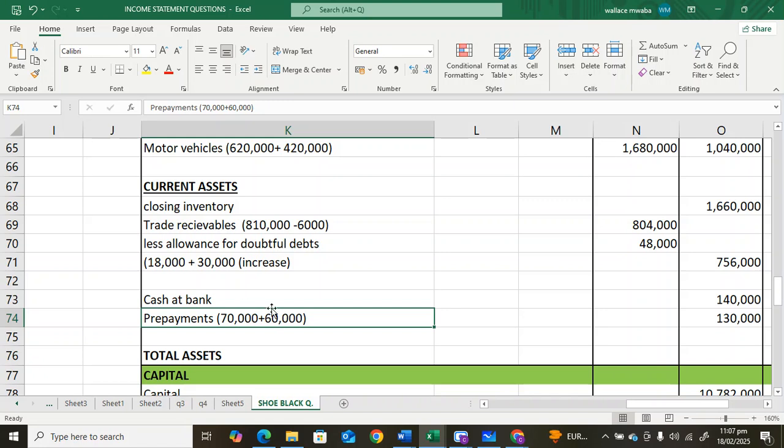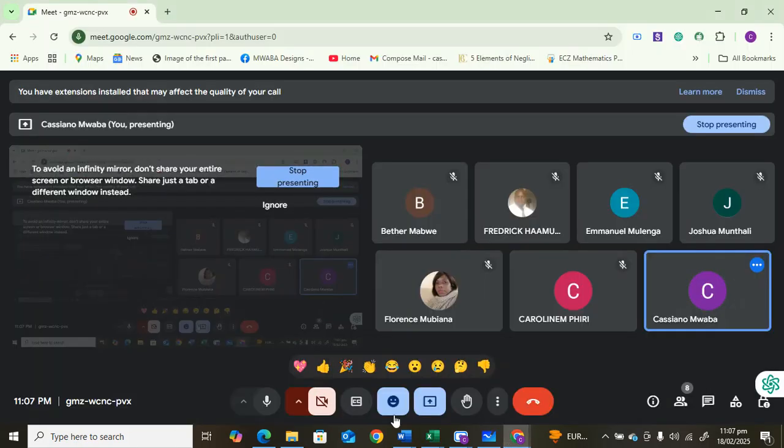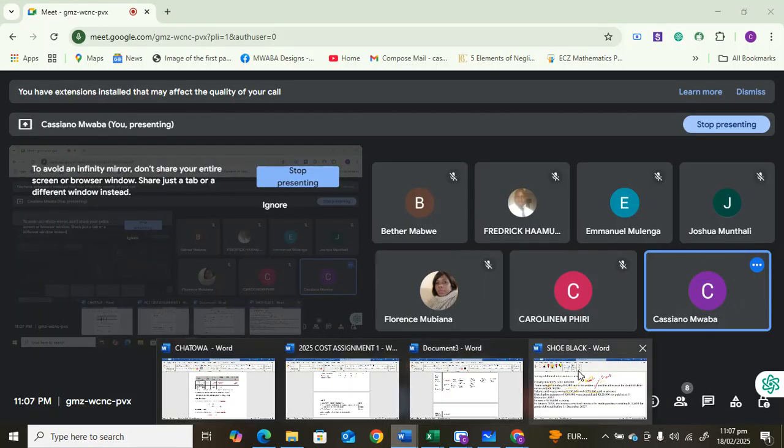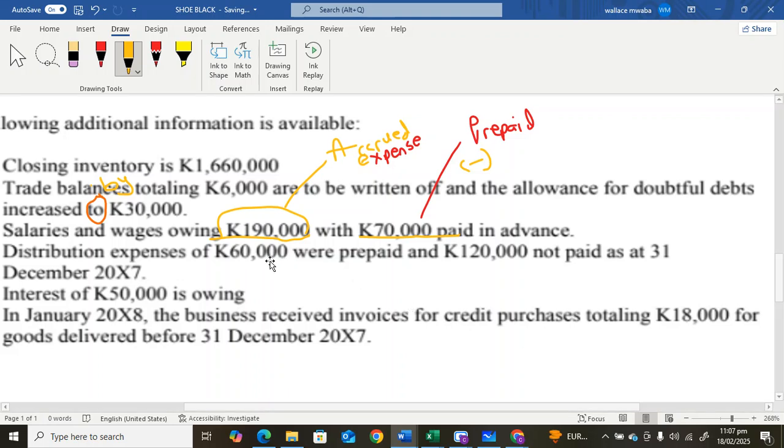So I hope that is clear, colleagues. Even here, distribution expenses, you have 60,000 prepaid, 120,000 not paid. So this 60,000 prepayment, this 120,000 accrual.